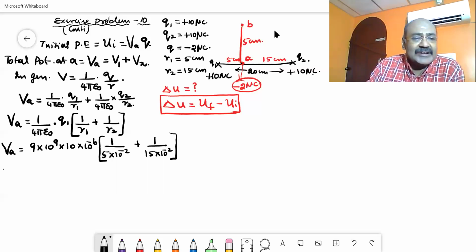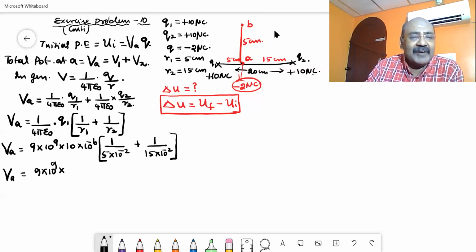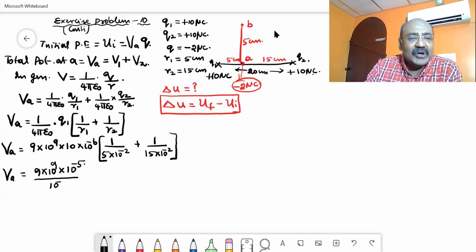So potential at A is equal to 9 into 10 power 9 into, see, 10 into 10 power minus 6 can be written as 10 power minus 5, divided by, take this 10 power minus 2 out. So you will be able to get 1 divided by 5 plus 1 divided by 15.